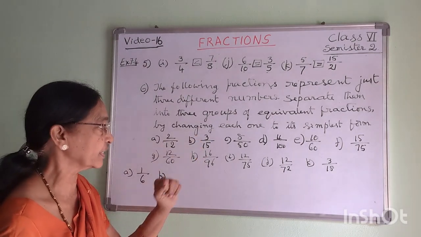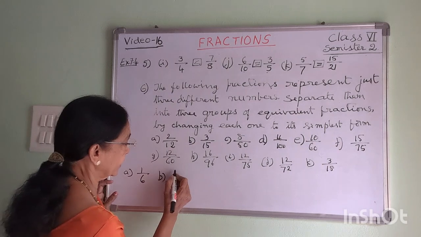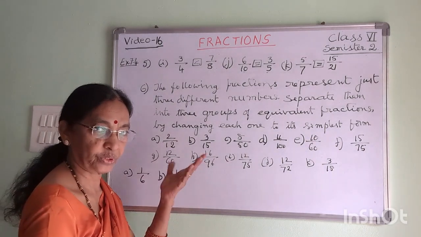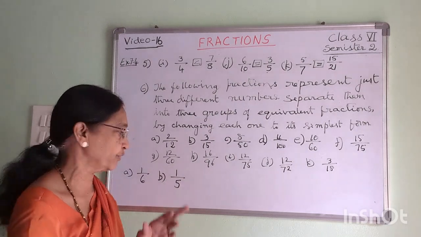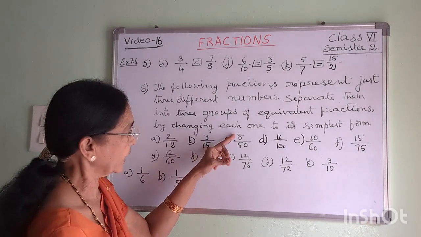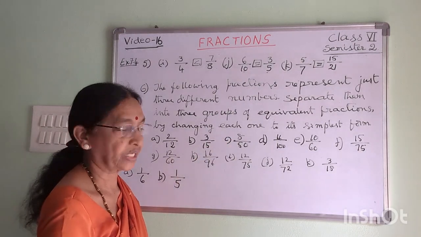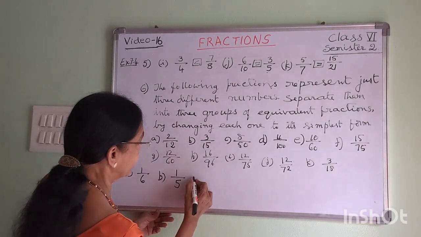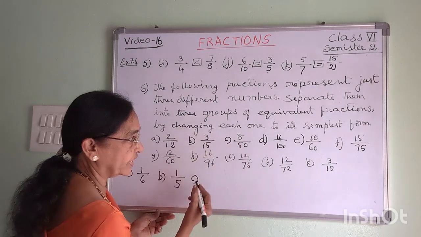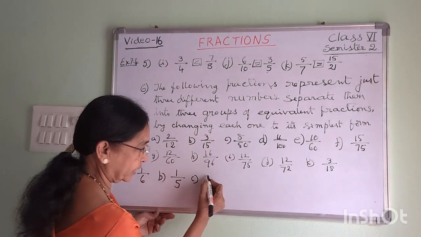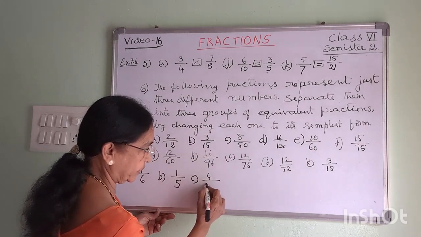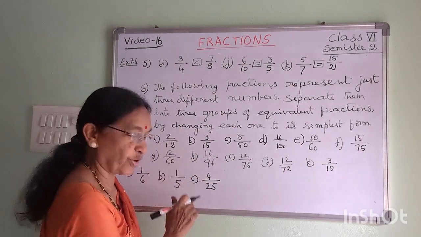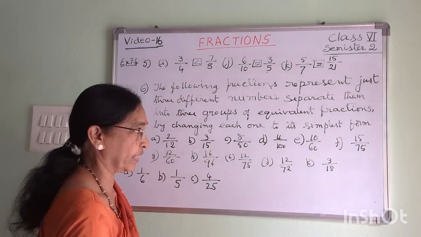Dividing both numerator and denominator by 3, we get 1 by 5. C, 8 by 50. The common factor is 2. Dividing by 2, 8 by 2 is 4, 50 by 2 is 25. There is no common factor for 4 and 25 except 1.